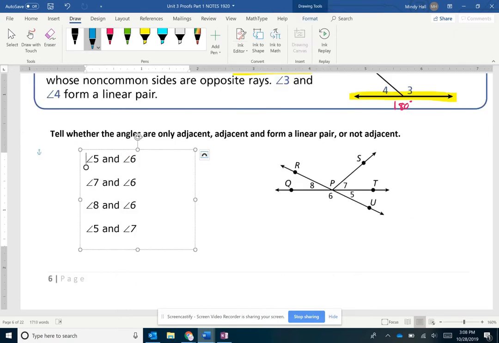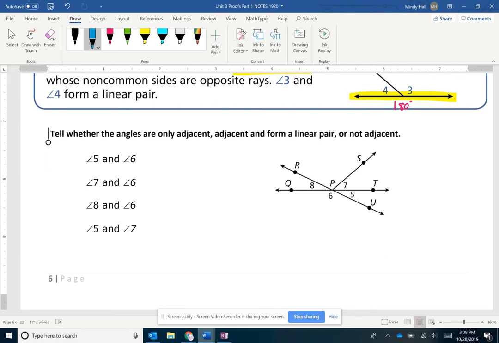All right, so starting with angle 5 and angle 6, notice with these angles, they share a vertex and they make a straight line. So this would be a linear pair. For angles 7 and 6, notice they have a common vertex, but they do not have any common sides.